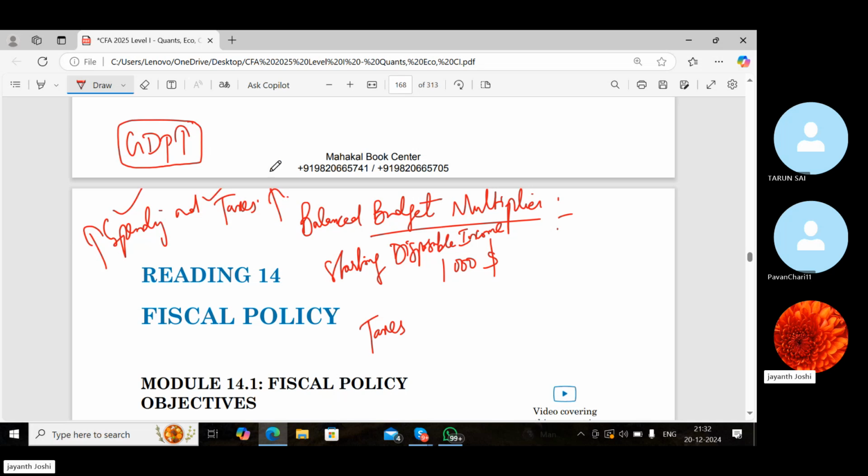So again I'll tell, balanced budget multiplier is nothing but if government wants to, government can increase total income or GDP. Okay, GDP or income is one and the same. So I'll write down the statement for you to understand.